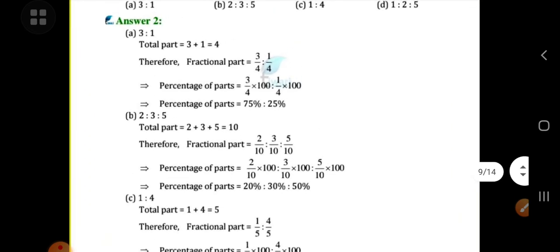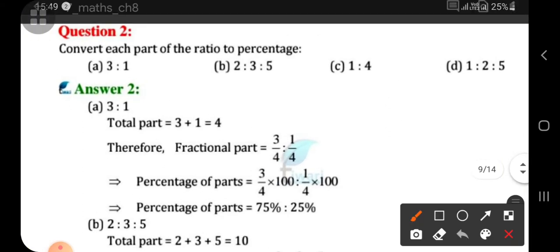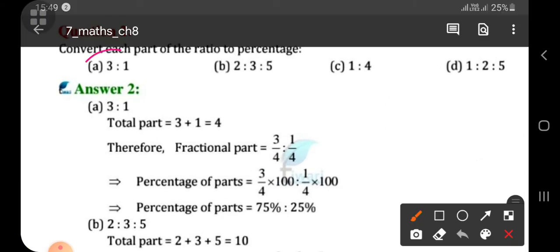Now question number 2. Convert each part of the ratio to percentage. First one, 3 is to 1. What is the total part? Add them up. 3 plus 1 is equal to 4. Total part is 4.